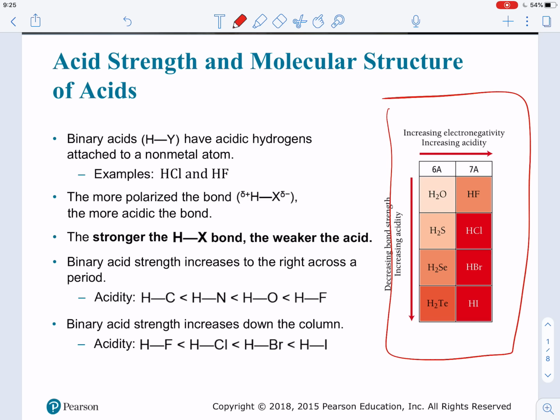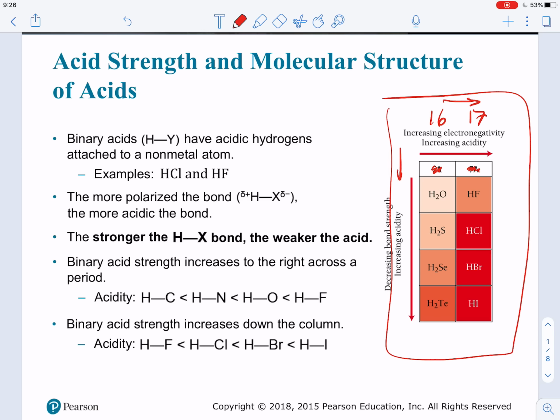Let's forget about this because this is group 17 and this is group 16. So we are looking at going in that direction in the periodic table and in that direction, and those directions are telling you that if you move in that direction, then you are making the acid stronger.